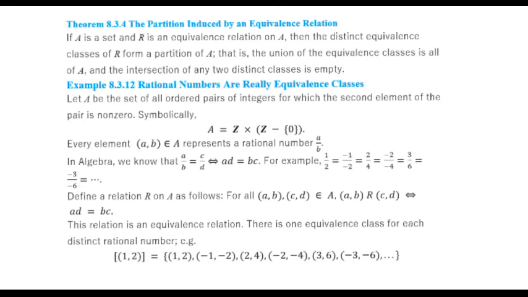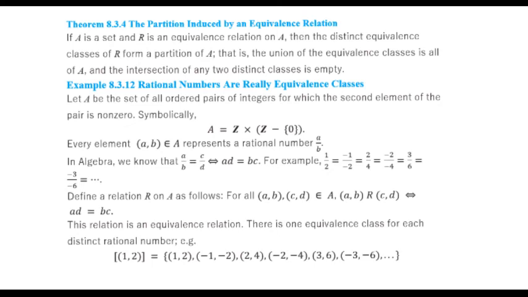Example 8.3.12. Consider A as the set of all ordered pairs of integers for which the second element of the pair is non-zero. Or symbolically, let A be the Cartesian product of Z and Z minus the set including only zero. So every ordered pair (a, b) that belongs to A represents a rational number.